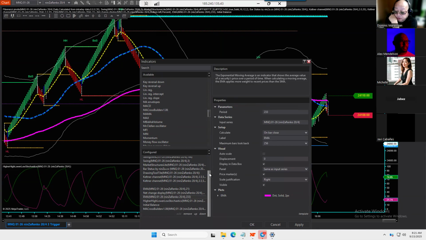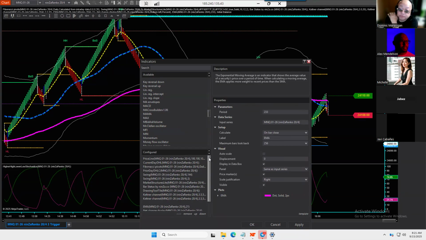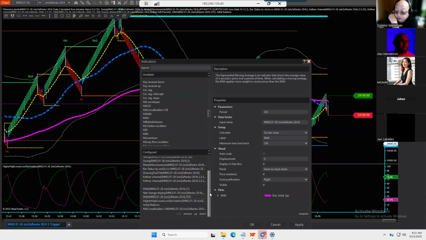Where's my other EMA showing? That's the mid band. Okay, so we'll have the mid band there. 21 EMA. Where's that 21 EMA? That one. Remove. And we can also get rid of the 233.